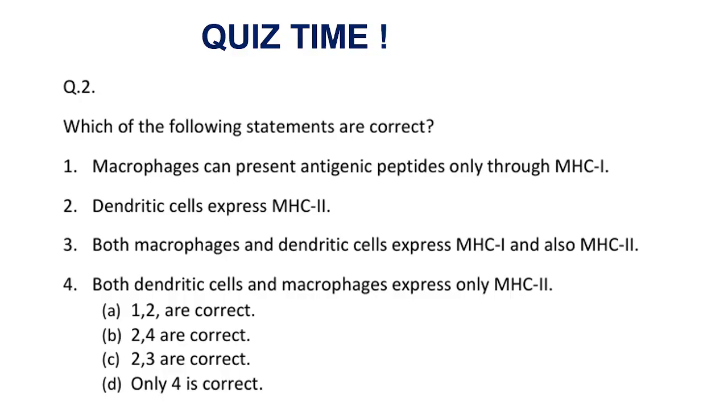The third one is also correct. MHC1 is expressed by almost all nucleated cells, and MHC2 is expressed specifically by the dendritic cells, macrophages, and the B cells. And the last one is incorrect, both dendritic cells and macrophages express only MHC2. So it's only 2 and 3. That is option C.